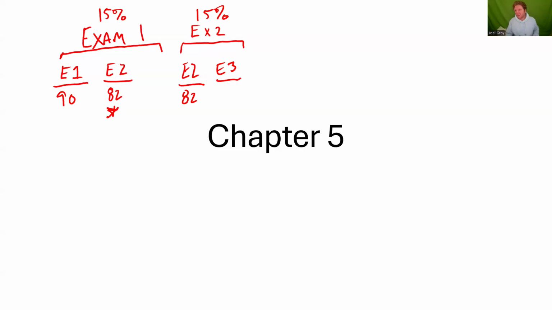E3, we haven't taken that yet, so there's nothing to include there. But I just want to bring this up because it's different. If you have any confusion or questions about it, please don't hesitate to contact me. I'll have office hours today, 12:30 to 1:30. So if you want to meet then and play around with some numbers, I'm more than happy to do that.